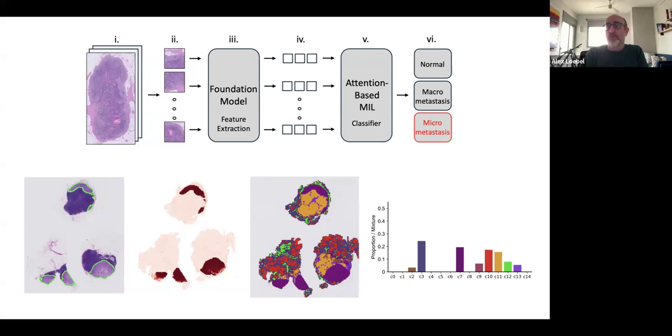And now we can quantify how much of the tissue is metastasis of the breast cancer tumor, and you can very accurately calculate or analyze whether this is macrometastasis, micrometastasis, and so on. And then you can also use this kind of analysis in order to identify the tumor microenvironment, which is very important in the diagnosis and prognosis of patients.